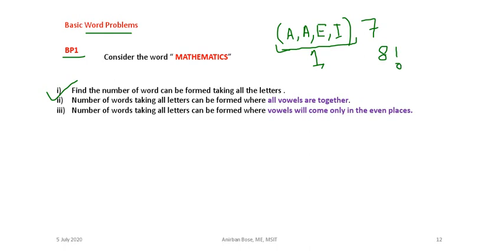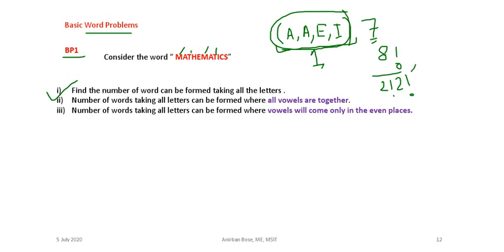But out of these 8 factorial ways, for the time being let us consider this as one letter. Within that 7, how many are repeating? Say this M, 2 M's are there, so that is divided by 2 factorial. 2 T's are there, so divided by 2 factorial. So these are the number of arrangements considering all the vowels together.